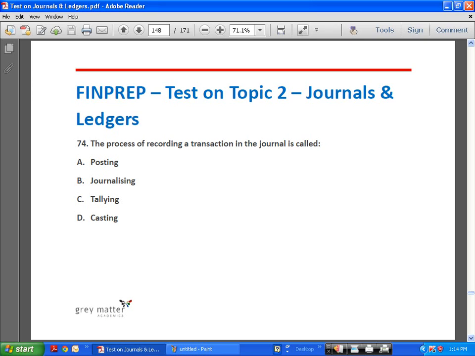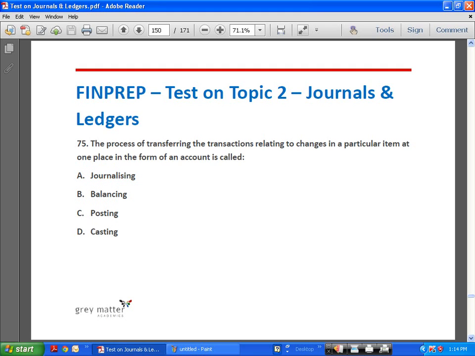The process of recording a transaction in the journal is called journalizing. The process of transferring the transactions relating to changes in a particular item at one place in the form of an account is called... Okay.